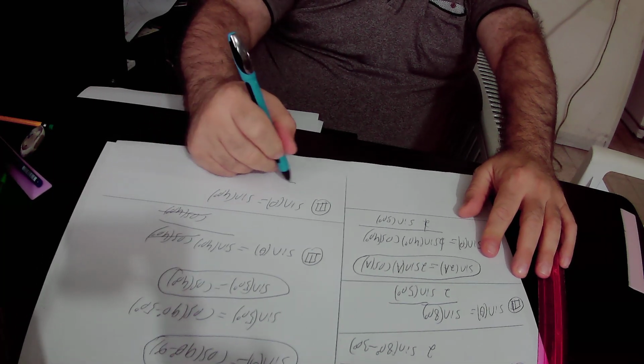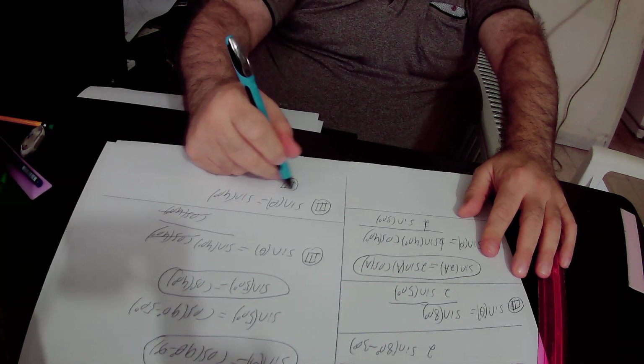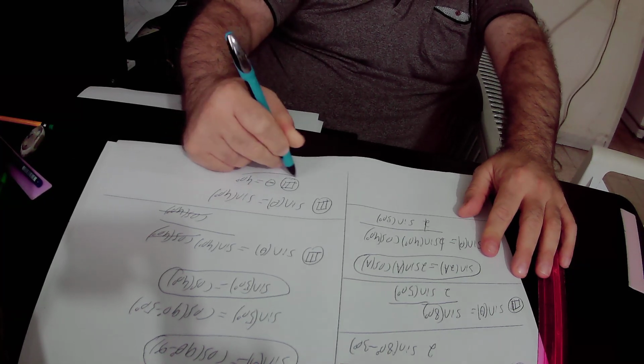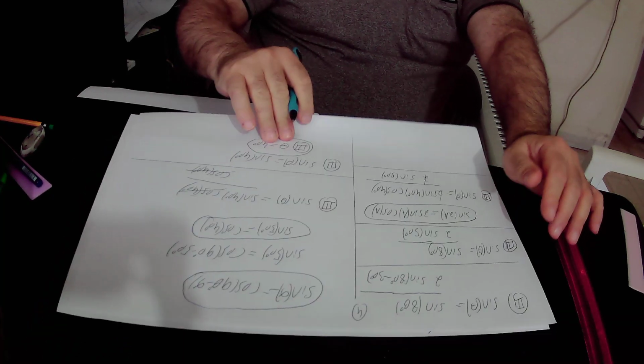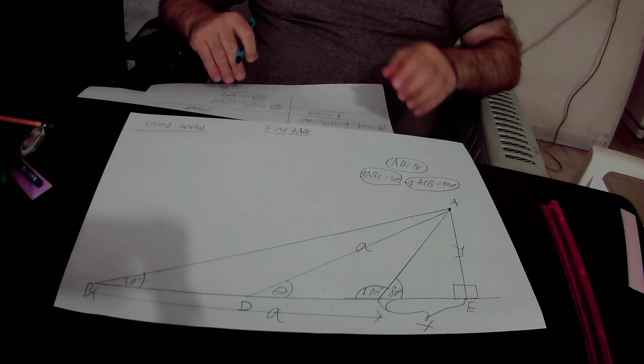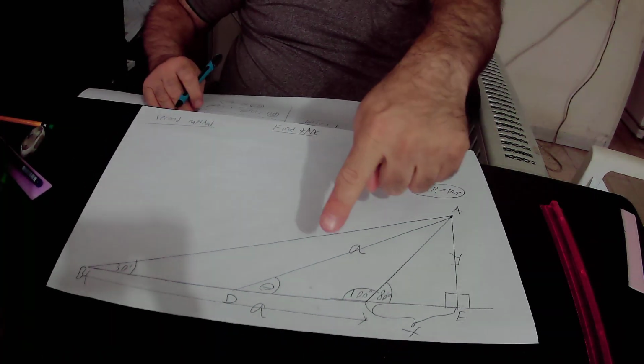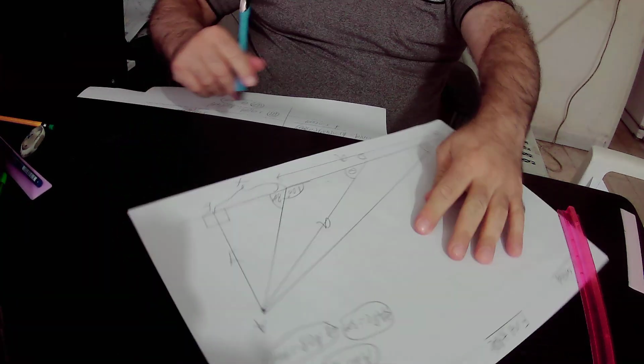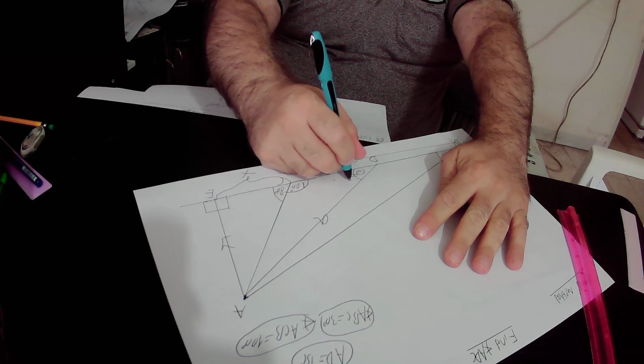That is to say, theta equals 40 degrees. We found out that theta equals 40 degrees, and theta is actually the angle that we are looking for.